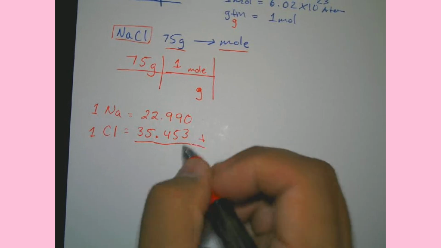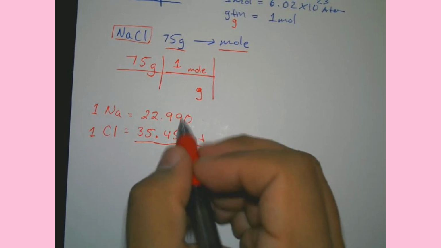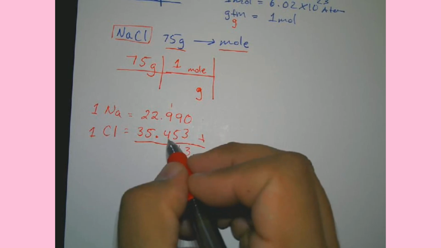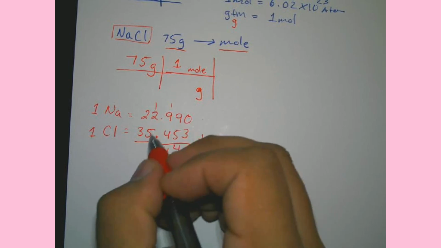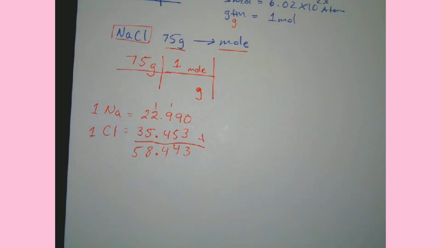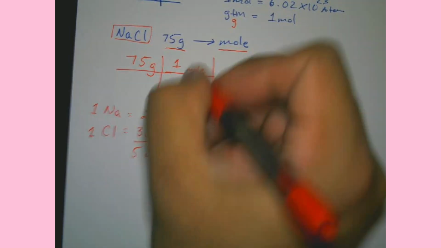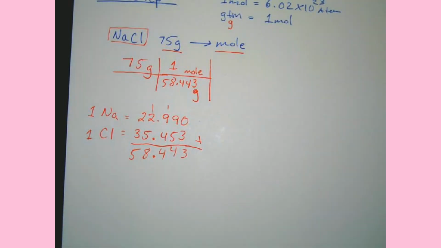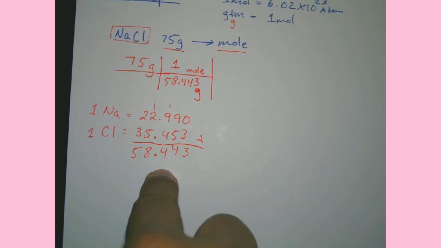So now I know the molar mass is 58.443. So there you go. That's the molar mass. The hardest part about doing mole conversions, guys, is the molar mass. And y'all know how to do that already.